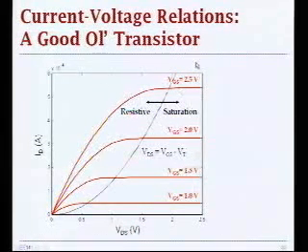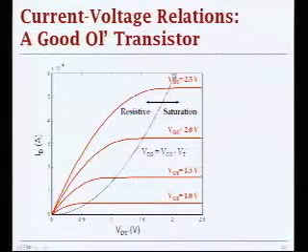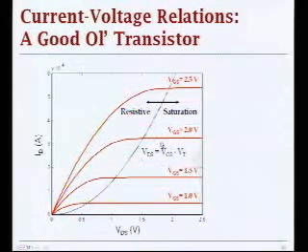On this characteristic, you can see a family of curves corresponding to different VGS values, with higher and higher current, and this is a SPICE simulated curve. Then we can distinguish between the resistive and saturation mode, separated by this VDS equal to VGS minus VT line over here.